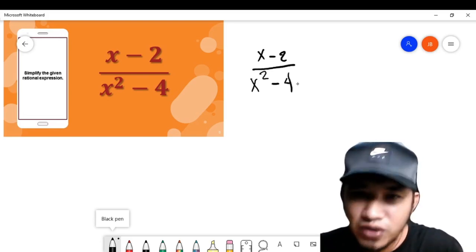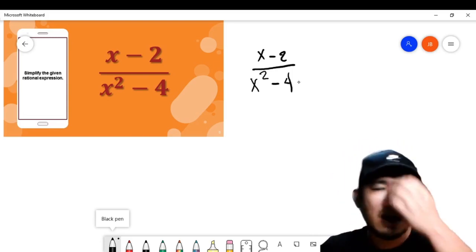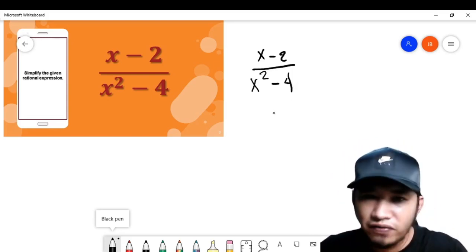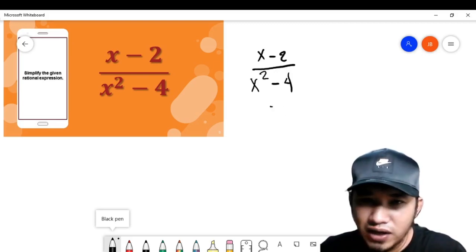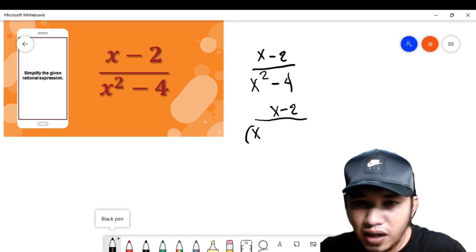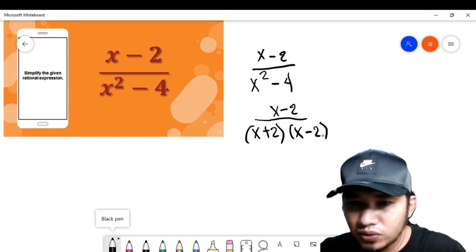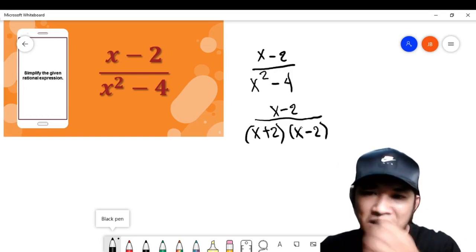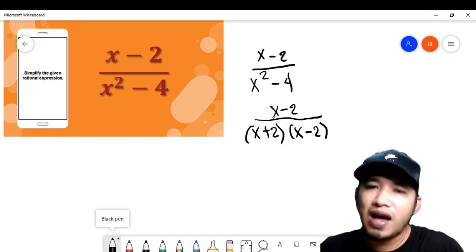As you observe guys, our denominator is a perfect square, so pwede siyang ma-factor. The factors of x squared minus 4 are x plus 2 and x minus 2. As you observe, the x minus 2 in our numerator has a match in our denominator.